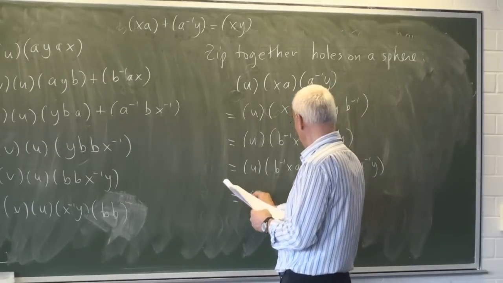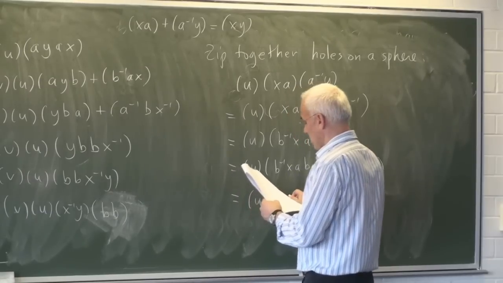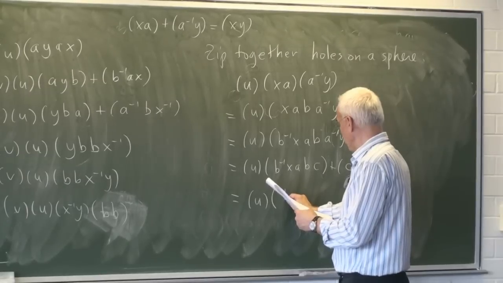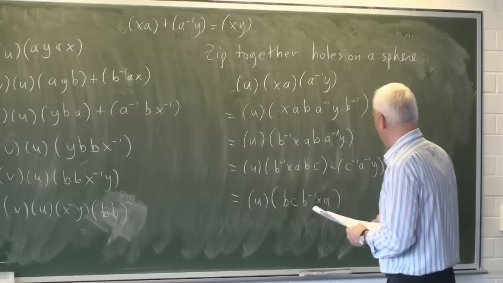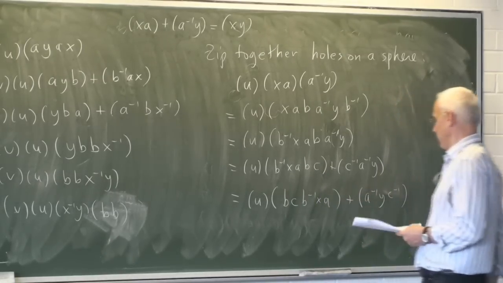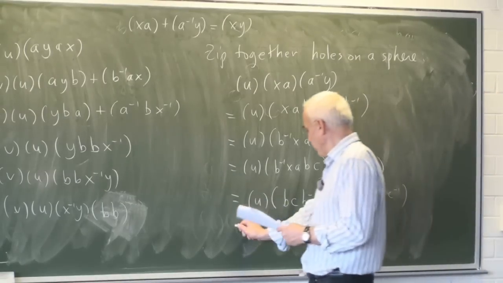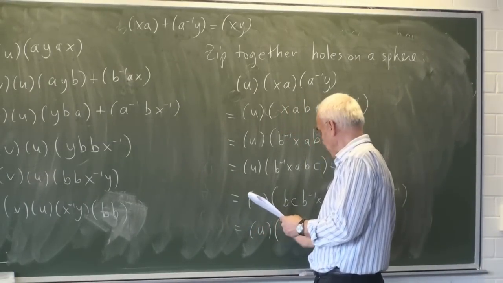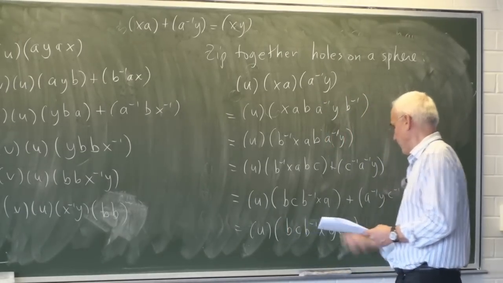And this is then U, rotating around, B, C, B inverse X, A, plus A inverse Y, C inverse. So I've rotated now so that the A and the A inverse are side by side. And then I will use them to combine. U, B, C, B inverse, X, Y, C inverse.